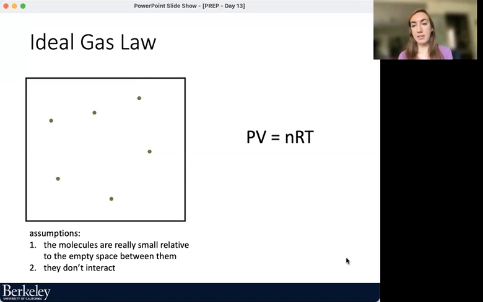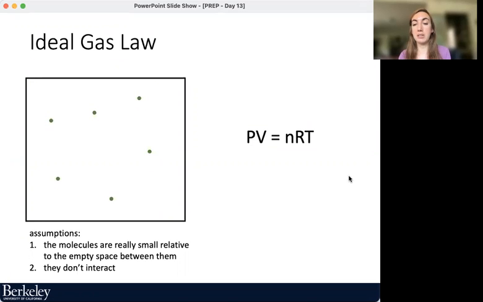So the ideal gas law is PV equals nRT. This one I probably would memorize. I use it so often that I don't need to think about it anymore. I remembered it as "Pivnert" is the way that I first remembered it.